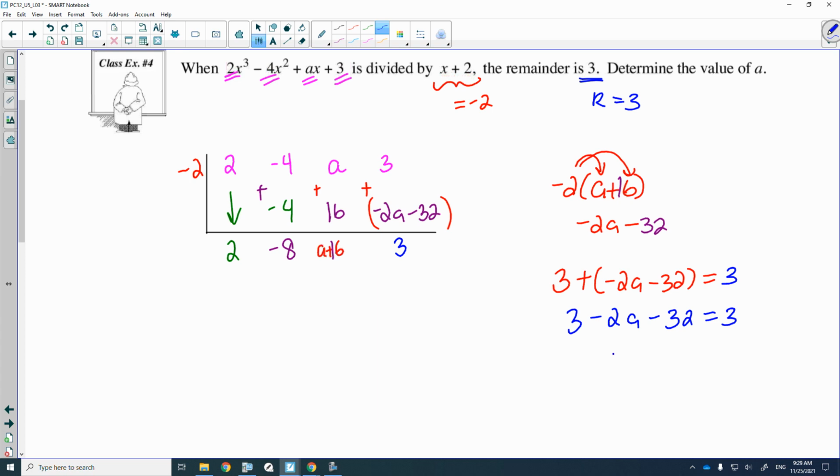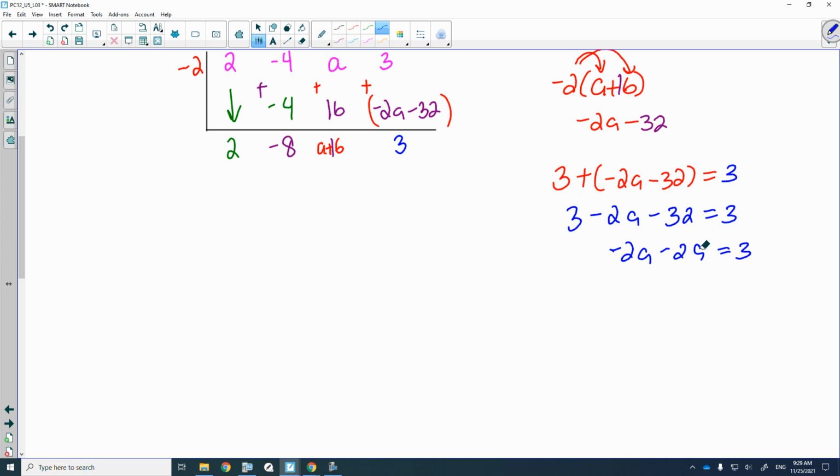That's going to be negative 2a. 3 minus 32 is negative 29. That looks like an a, but it's a 9. Add 29 to both sides. And then divide by negative 2, and you get negative what number? Negative 16.